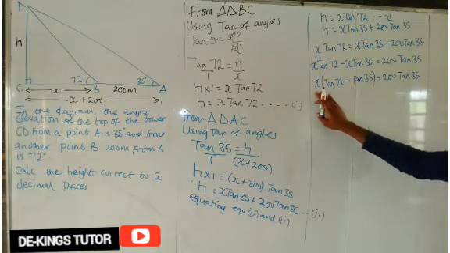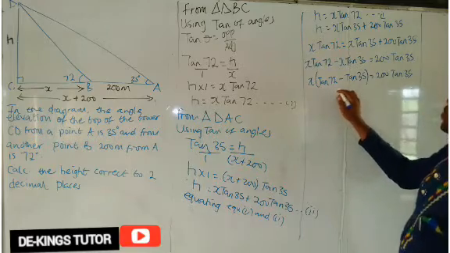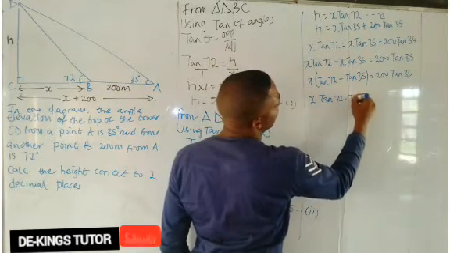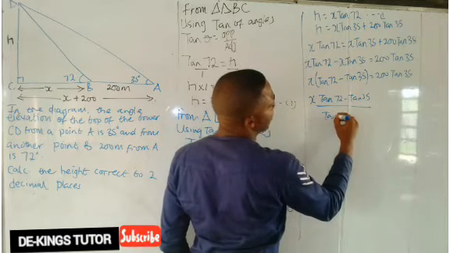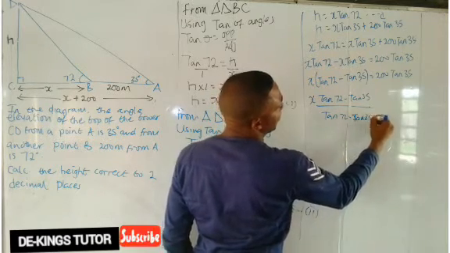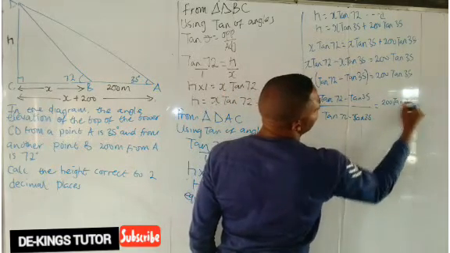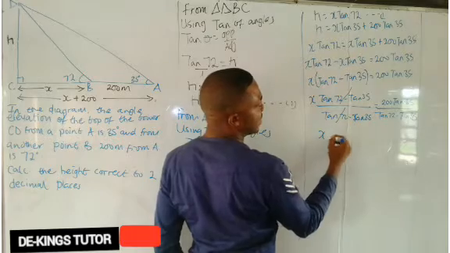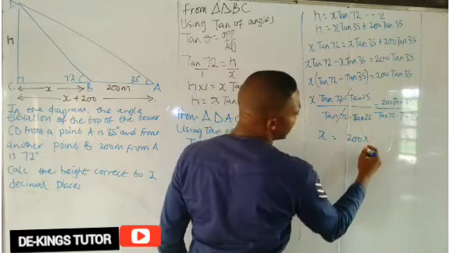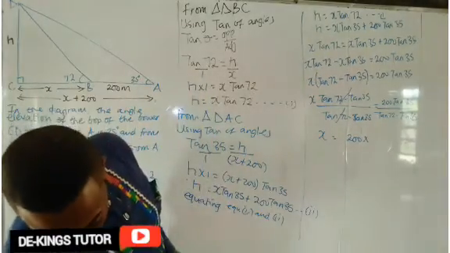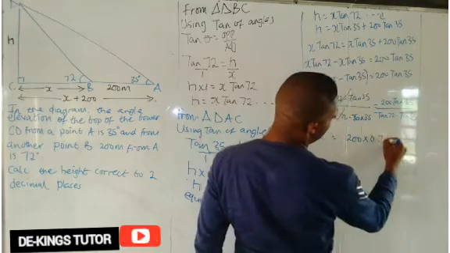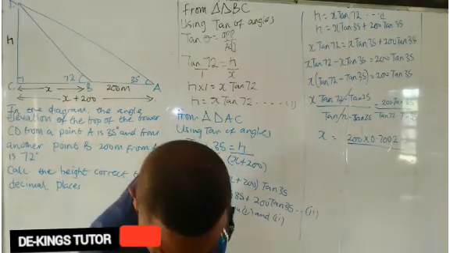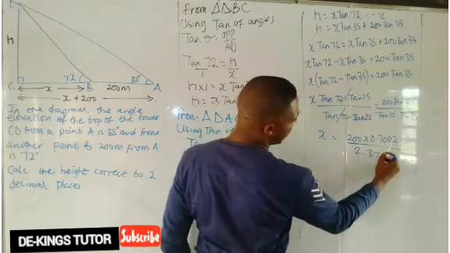Now I want to make x the subject. So we divide both sides by tan 72 minus tan 35, and this cancels this. So x equals 200 times tan 35, which using our calculator gives 0.7002, divided by tan 72 minus tan 35, which will also give us 2.3775.